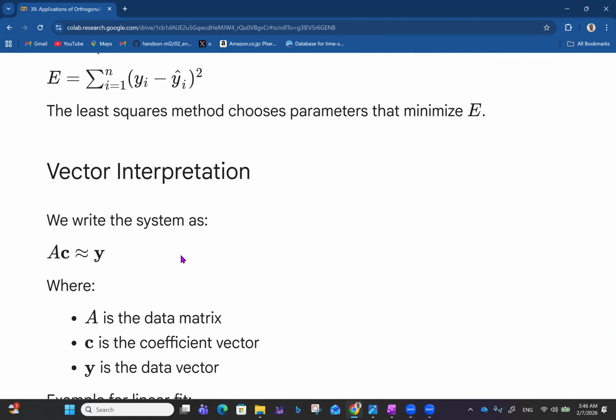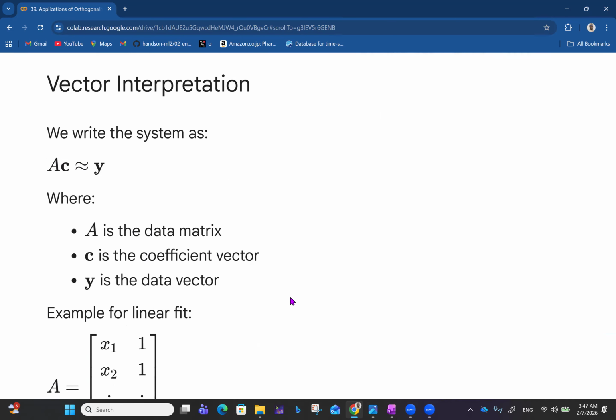So when you have pairs, at that time we had, I think, (1, 2), (2, 3), and (3, 5), right? So the 1, 2, 3 are the data matrix, while C, the coefficient vector, may be the a and b we're looking for, and Y is 2, 3, 5. But in that case, we need to make up matrix A, and we make it up with a column of 1, 1, 1 on the other side, like that.